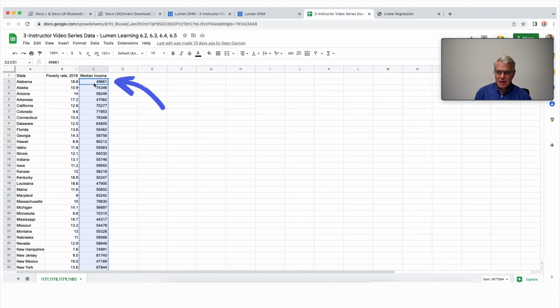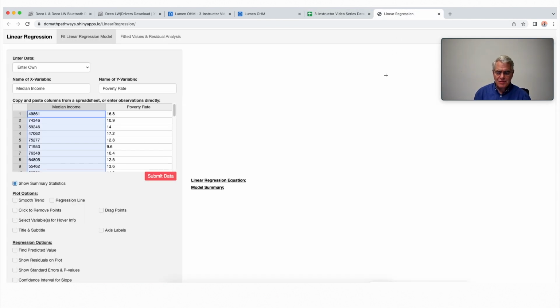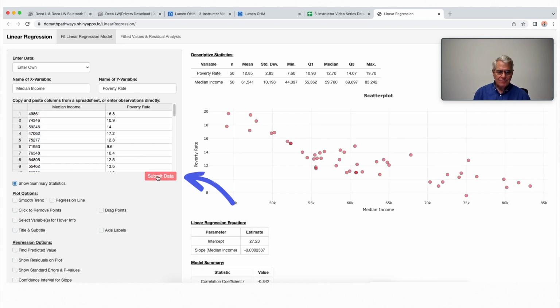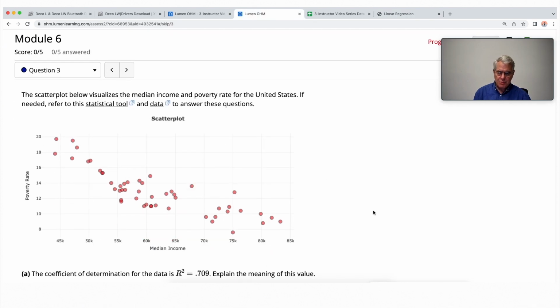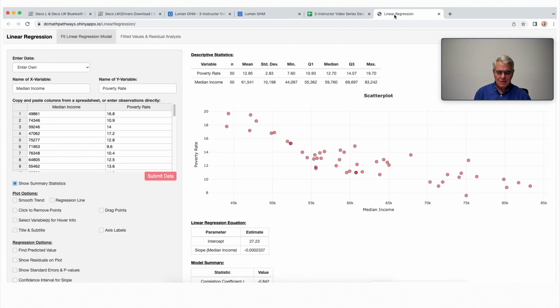Okay, we got them in the right order. They have to be in the right connection. Otherwise, the correlation is spurious. It means nothing. Let's see what that scatter plot looks like. That looks like the prompt. That looks right. Good.